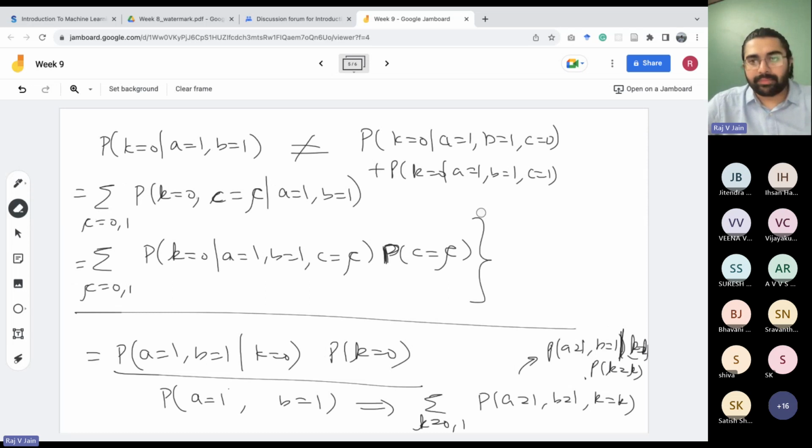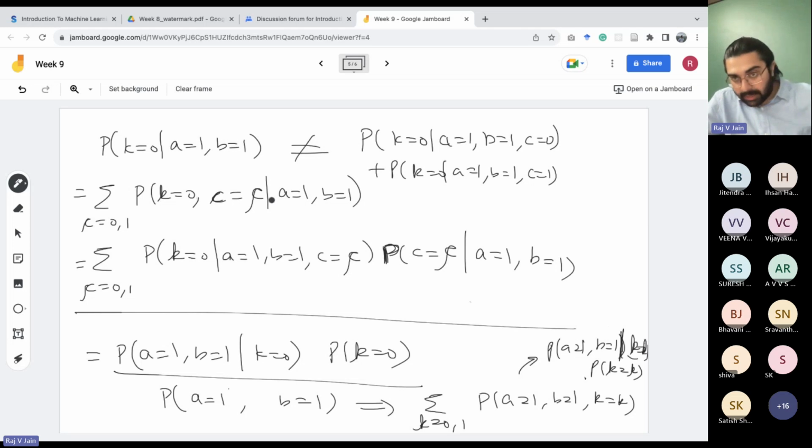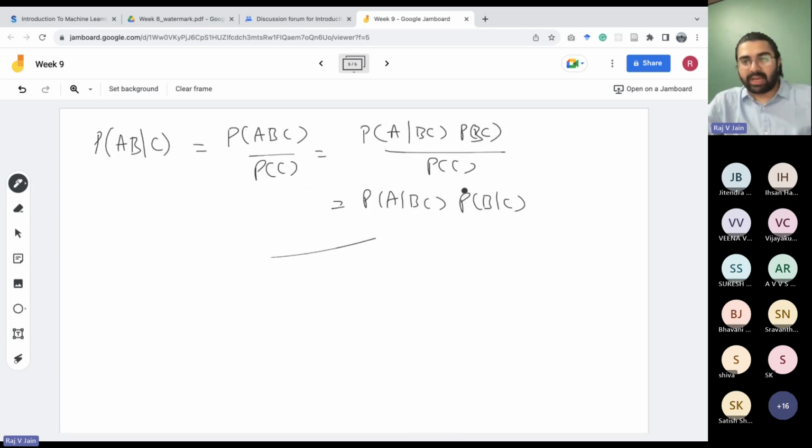The mistake is here. So this is the one. This is not just probability of C equal to c, it's probability of A equal to C, C equal to c given B equal to 1, C equal to 1. This conditional will repeat here because of this way of writing things.